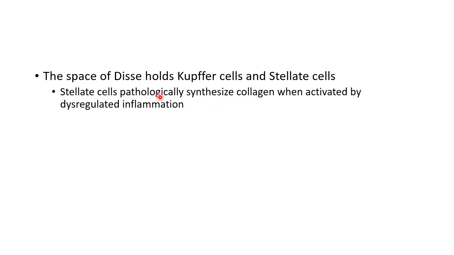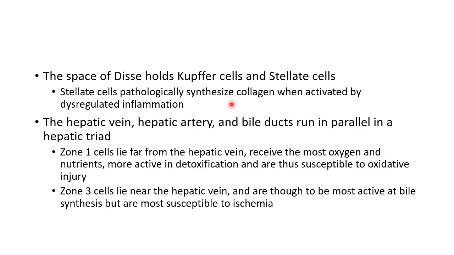And so the stellate cells would be the source of collagen for fibrosis during liver injury or cirrhosis. Our staging of cirrhosis depends on the state of fibrosis. Now, we know that the fibrous tissue that forms the regenerative nodules comes from the stellate cells.